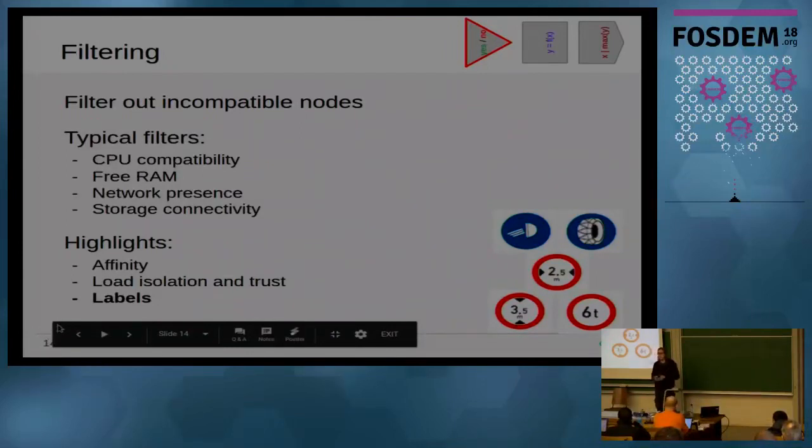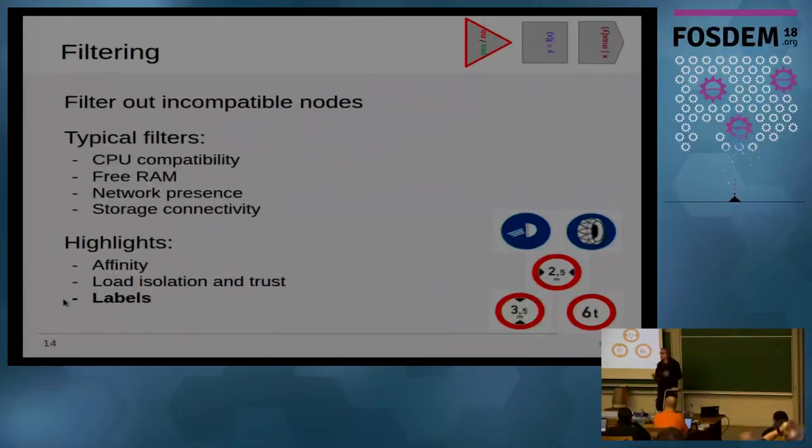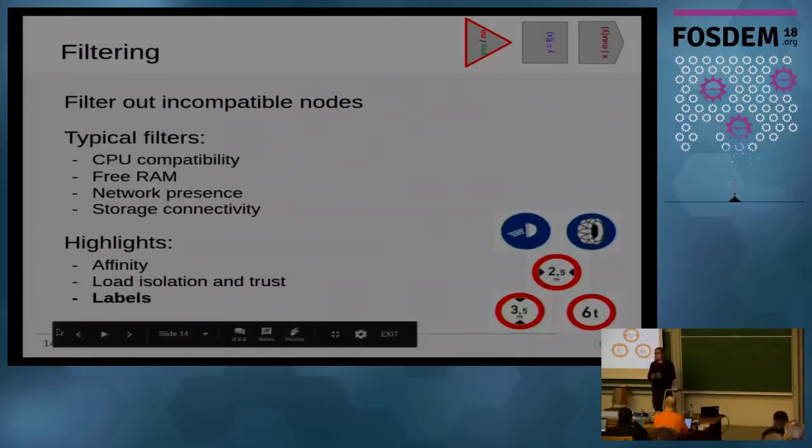So one of them is affinity. All 3 support both VM or pod to host affinity. So you can say this VM or this pod is supposed to run on this subset of hosts.